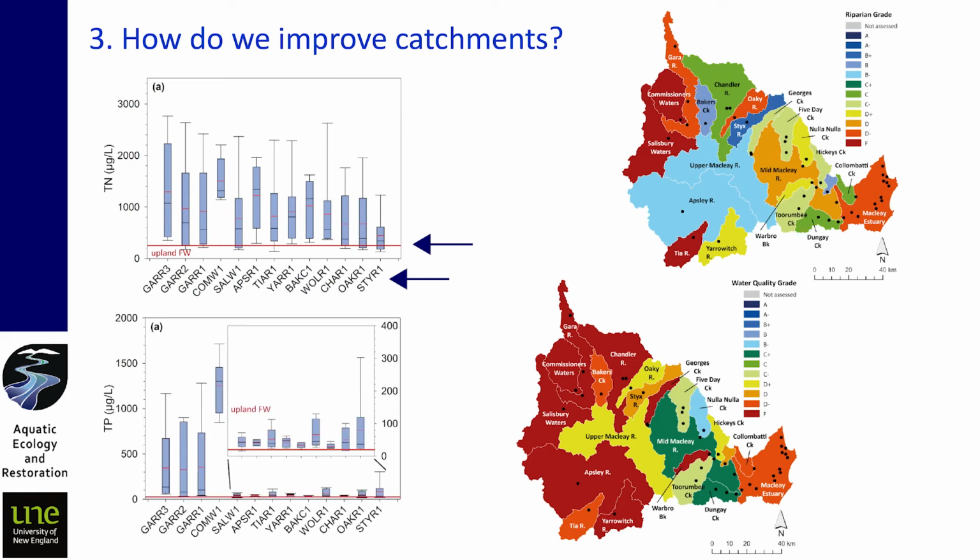So this is total phosphorus, so another key macronutrient for both productivity on land but also for plant growth in water. And again, the same sites down the bottom from the Gara River and then heading down into the rivers that drain the tablelands into the gorges.